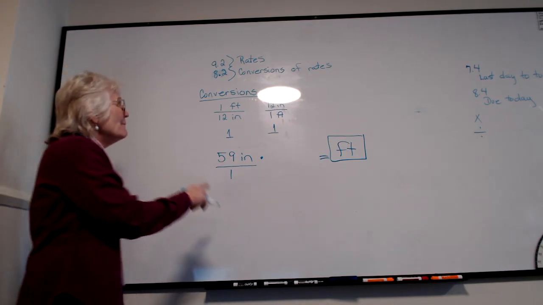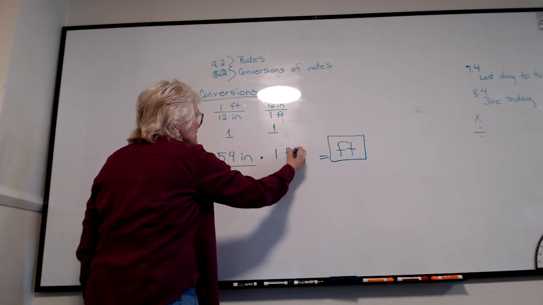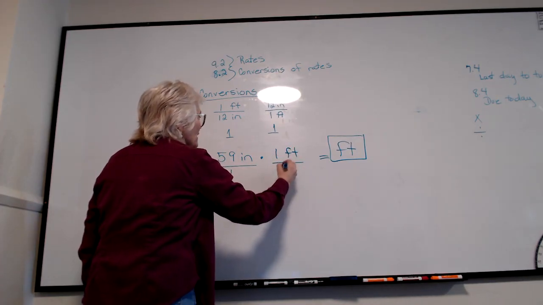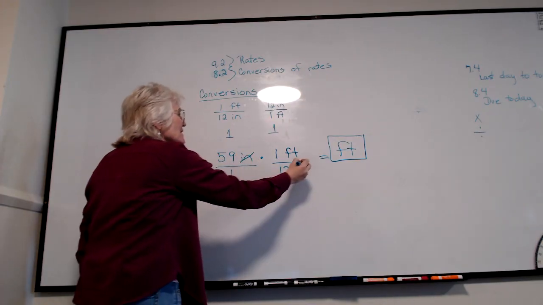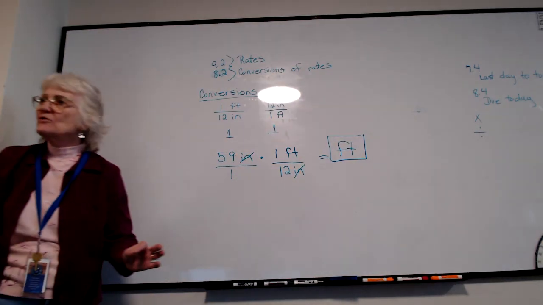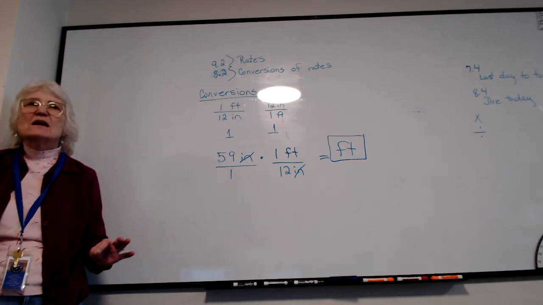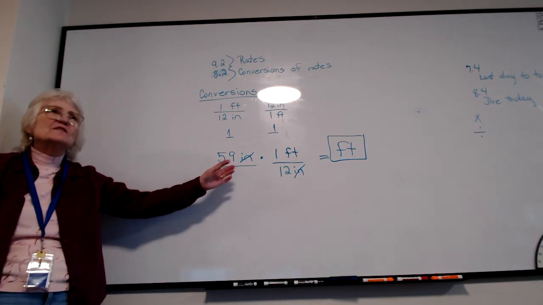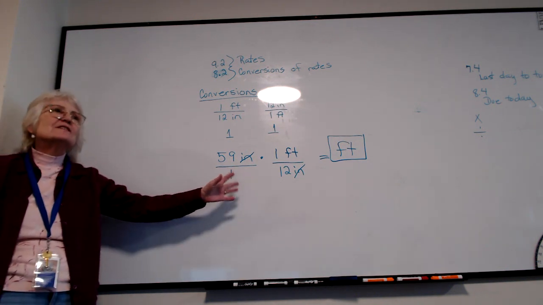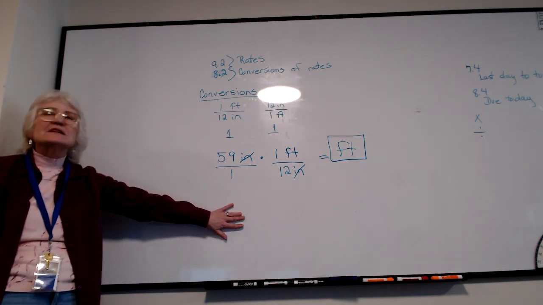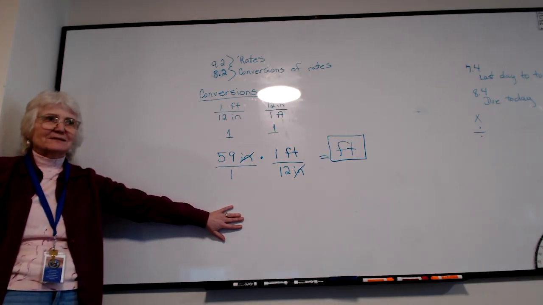So I'm going to multiply it by this, 1 foot over 12 inches. Because notice the inches cancel. So units can cancel. And again, I know you guys know you take 59 and divide it by 12. I know that. I'm showing you this problem so you understand what is actually going to happen in harder problems.